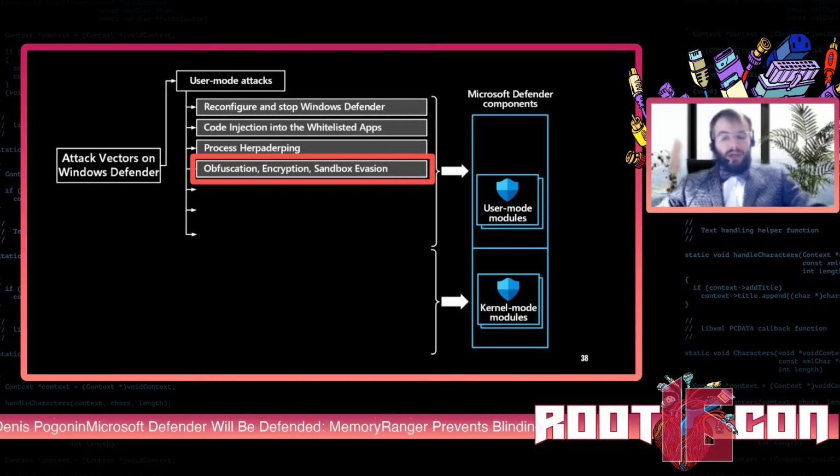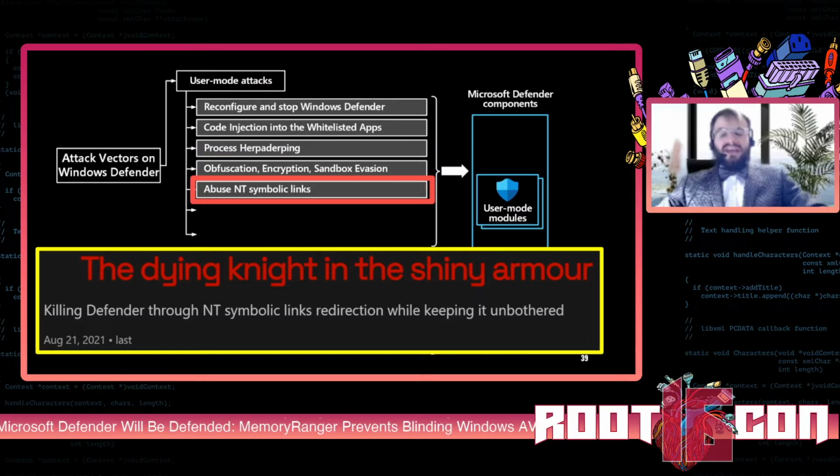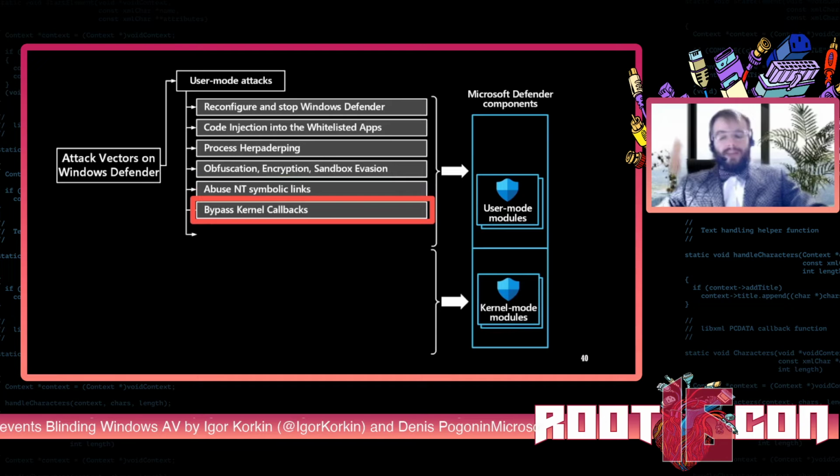Attackers can manipulate with anti-symbolic links, which pushes Microsoft Defender to follow the wrong path. Attackers can bypass kernel callbacks to spoof the process name so that Microsoft Defender will receive a fake app name.